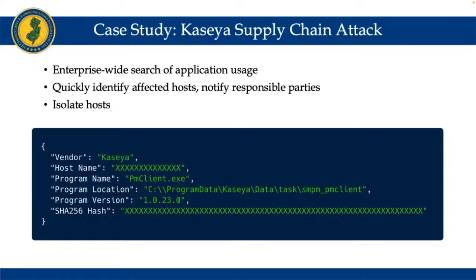We were able to very quickly notify the affected organizations, and we were also able to isolate machines where required to help prevent a potential attack. So we were actually able to completely mitigate the attack by leveraging all of the tools available in the EDR platform that we use.